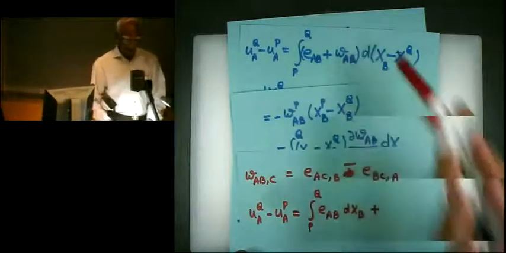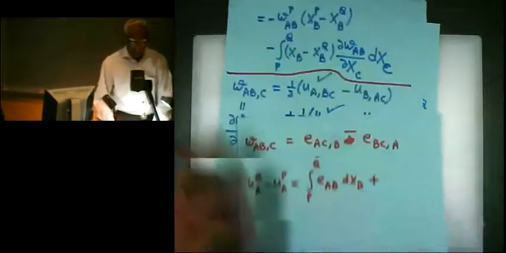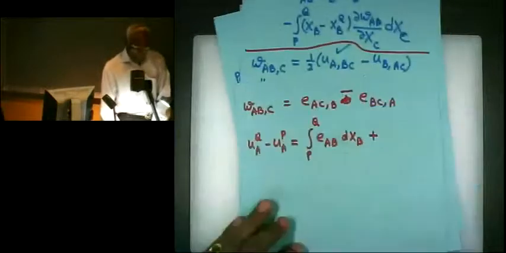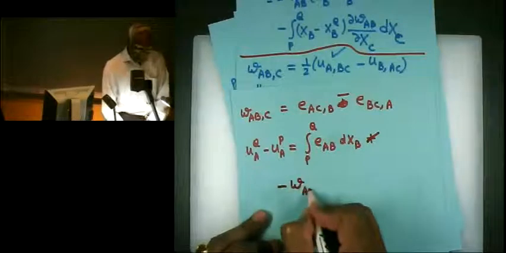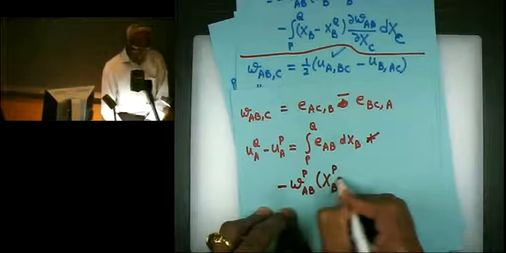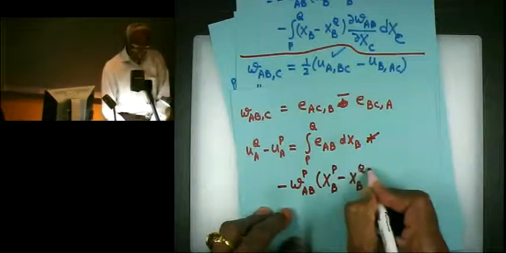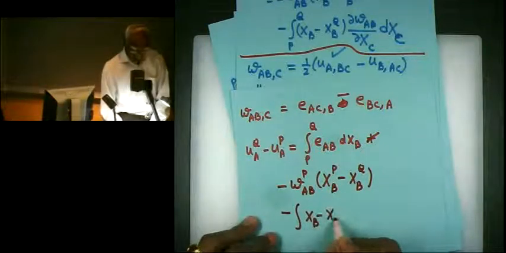The second term we worked on, this was the second term, which was equal to this, and then we simplified it, and we have the second term as minus omega_AB(P) times x^B(P) minus x^B(Q), minus (x^B minus x^B(Q)).